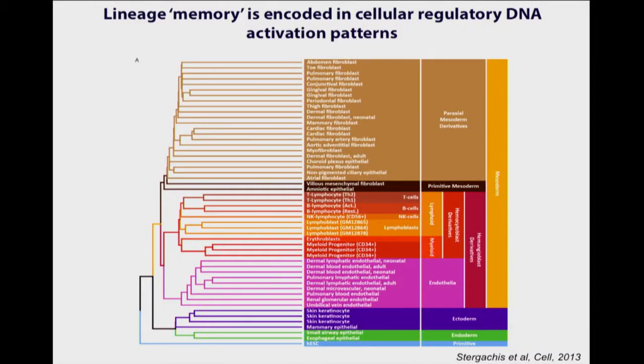But all of this information is not there. None of the lineages can be derived backwards from gene expression. And this makes sense because gene expression is all about the here and now, right? It's what the cell's doing now. Whereas somehow in this pattern of the hypersensitive sites, there is information about what happened previously that is being pulled along.